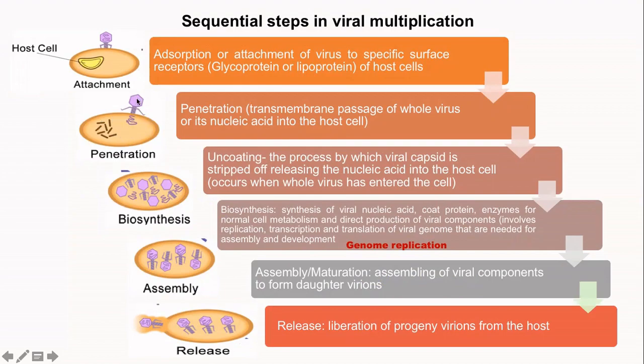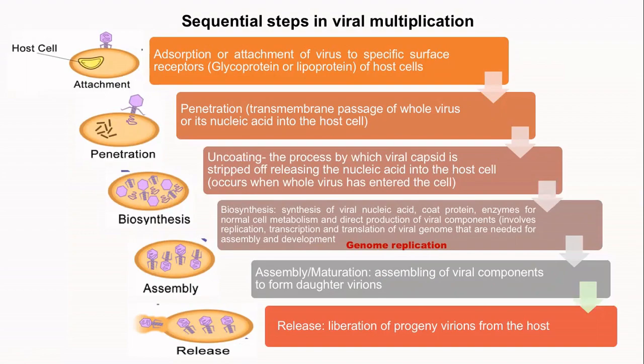In some cases, the virus as a whole, including the capsid, can enter into the host cell, and in some cases, only the genetic material is injected into the host cell. And then in the biosynthetic stage, what happens is it takes place in two different ways. So uncoating takes place, the process by which the viral capsid is stripped off and it releases the nucleic acid into the host cell.